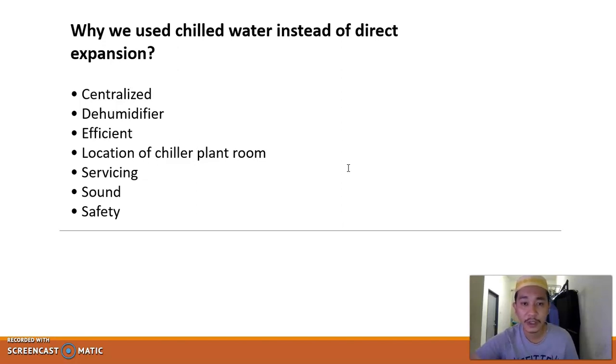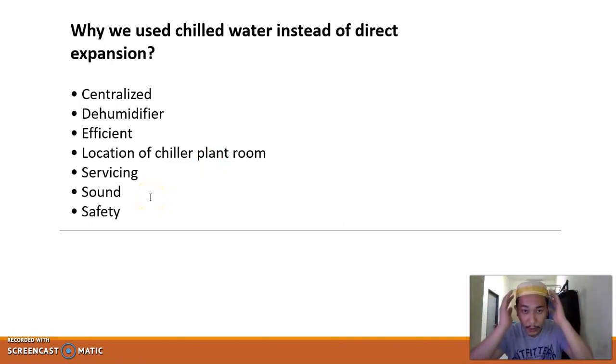The first reason is we want a centralized system, and we want to dehumidify the air in an efficient way. The location of the chiller plant room is also important because we don't want it near the occupants because of the sound.